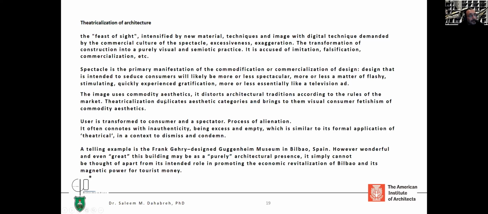This is called the commodity aesthetics. It distorts architectural tradition according to the rules of the market, and theatrically becomes something that duplicates the aesthetics with the aim to lure.